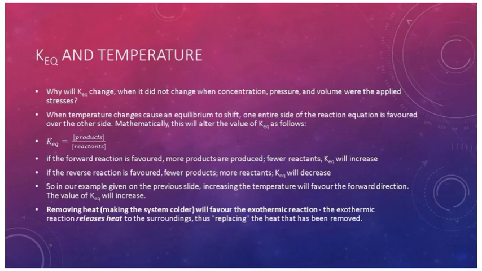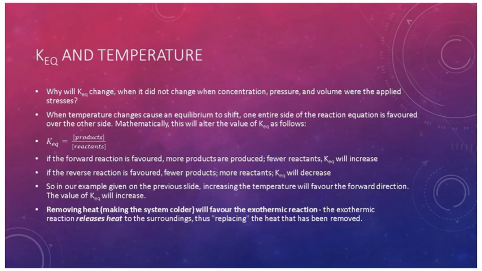So why will the K equilibrium change when it did not change for concentration, pressure, and volume? When the temperature changes, causing the equilibrium to shift, one entire side of the reaction equation is favored over the other. Mathematically, this will alter the K equilibrium as follows. K equilibrium, remember, is products divided by reactants. If the forward reaction is favored, more products are produced and fewer reactants, so the K equilibrium will increase.